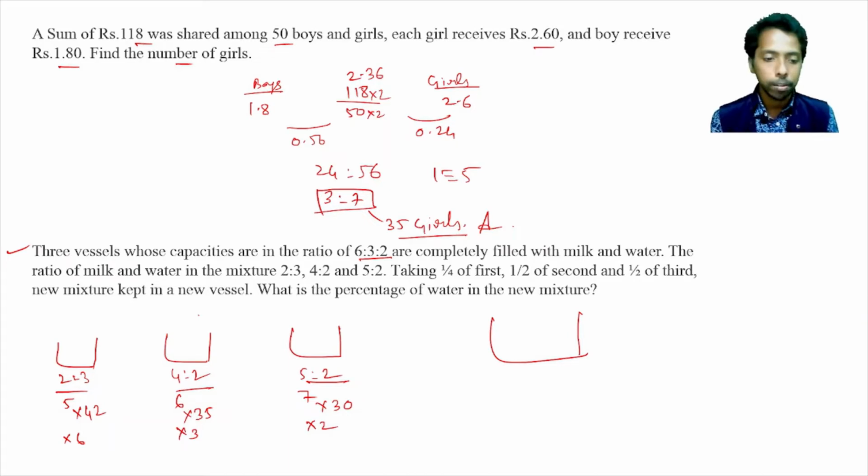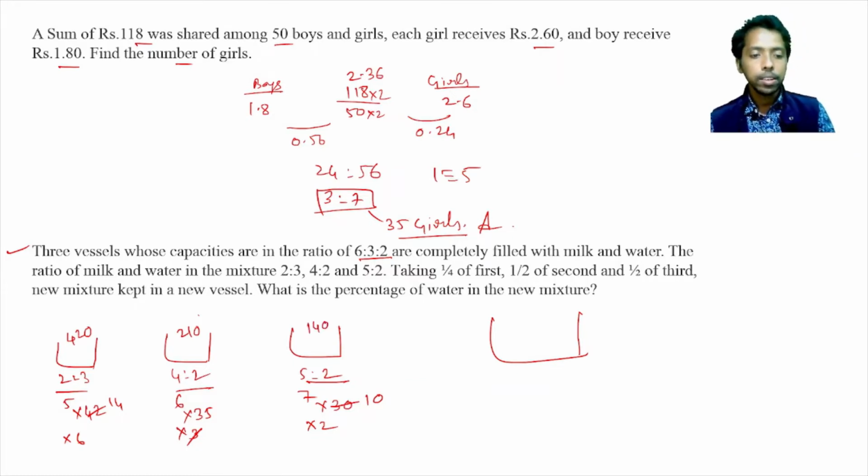Simplifying, this is 3, this is 14, this is 10, so this is 420, this is 210, and this is 140. This is the final quantity in each container in the ratio 6:3:2. I hope by now this is clear.